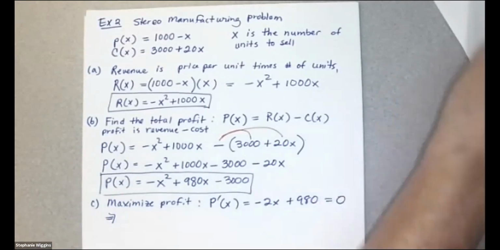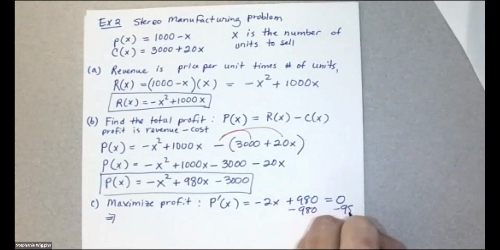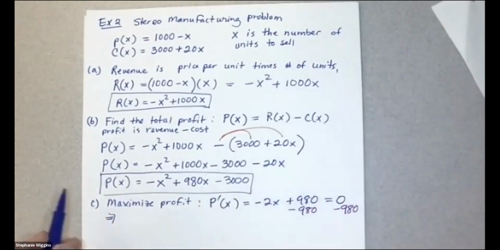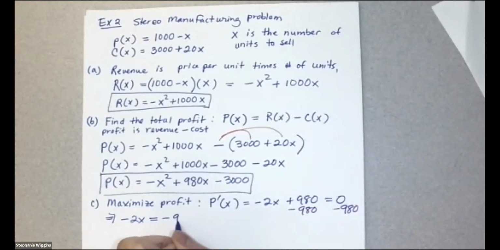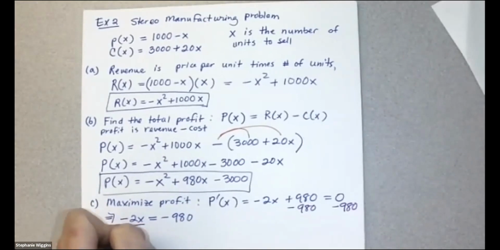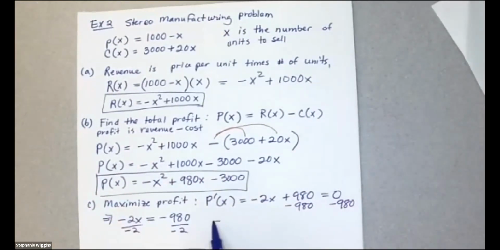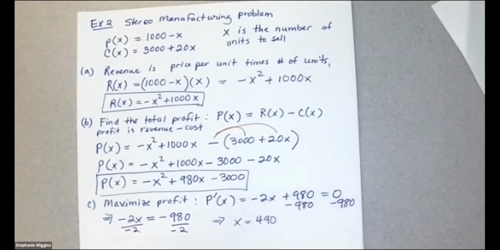So if we subtract 980 from both sides, we get negative 2x equals minus 980. So now I'm going to divide both sides by negative 2. And that means that my x is going to be 490.